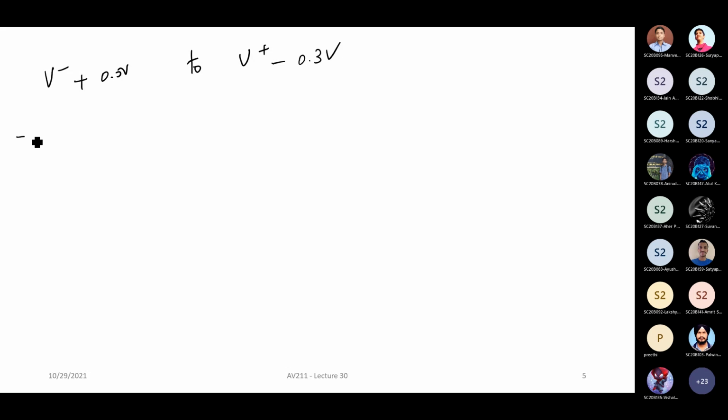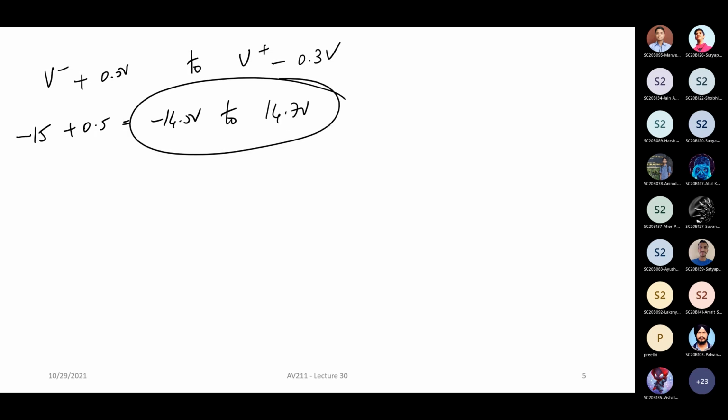That is to say, if you're using a minus 15 volt supply, you can use from minus 15 plus 0.5, which is minus 14.5 volt, to, let us say, 14.7 volt. This is the operational range of your op-amp. Okay. Now, the same thing, if you use 0 volt, what will happen? It will become 0.5 volt to, let's say, 9 minus 0.3, which is 8.7 volt. This becomes the operating range of your op-amp.